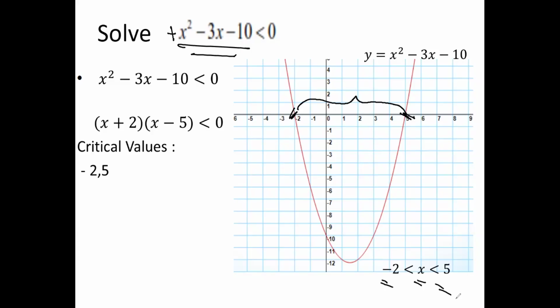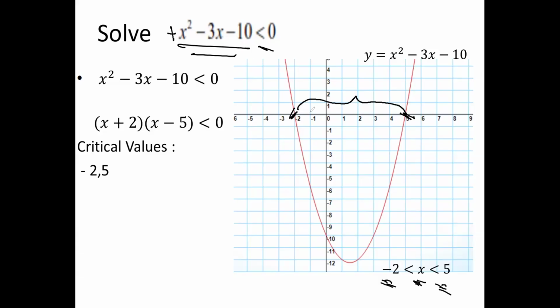Some people, for the life of them, can't read this graph as to for what x values is this graph less than 0? For what x values is this graph greater than 0? They can't get it. I'm not saying that because they can't get it, they should find another method. I'm not saying that. They should understand why we're saying that for x between -2 and 5, the graph is negative, right? Or less than 0.